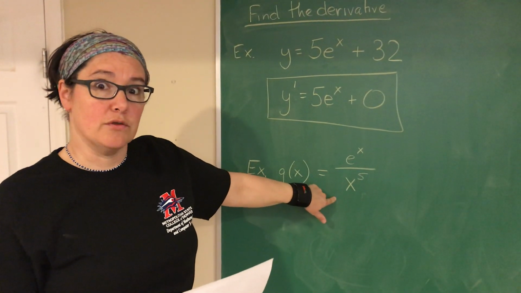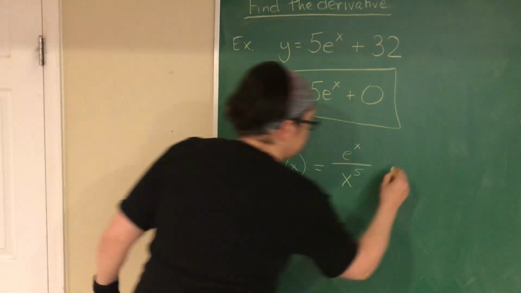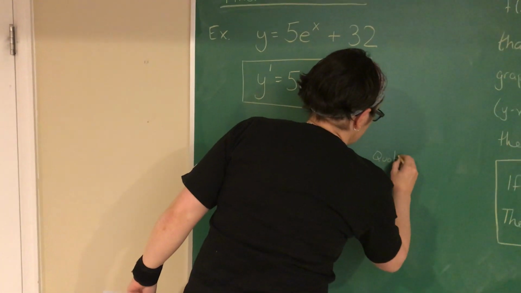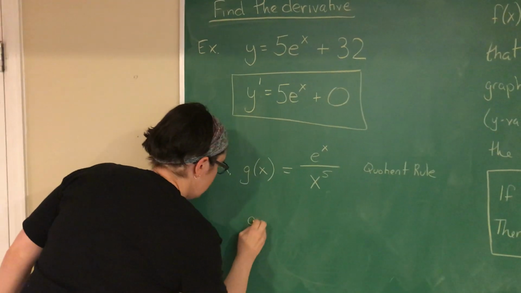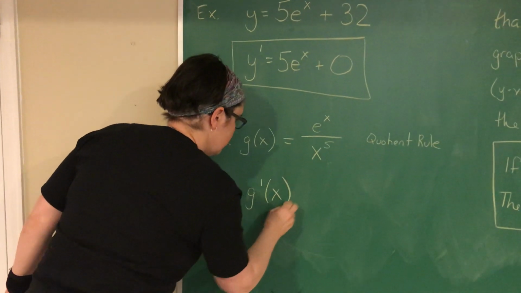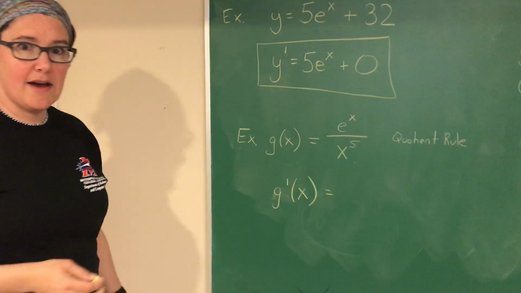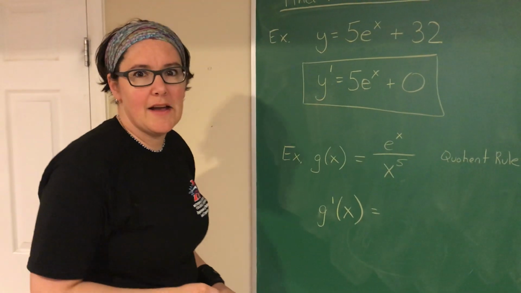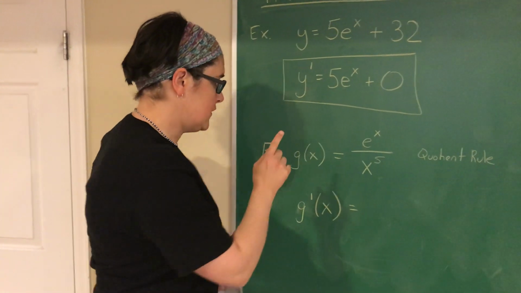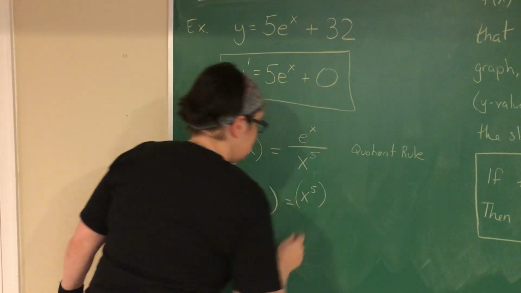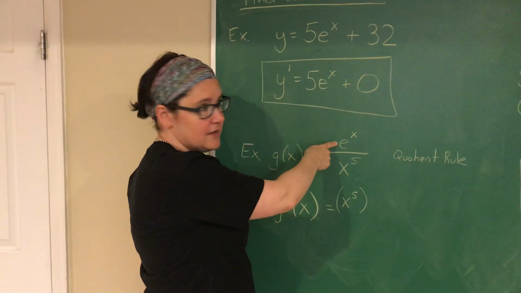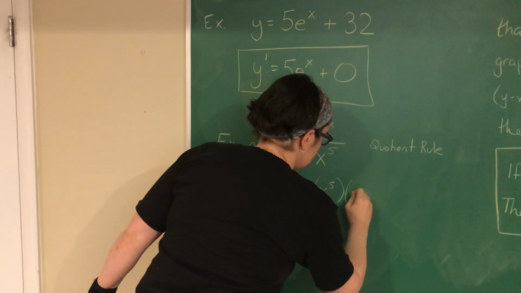I'm going to use the quotient rule to find my derivative. The quotient rule says low d high minus high d low, draw the line and square below. Low, that's our x to the fifth. D high, the derivative of e to the x is e to the x.